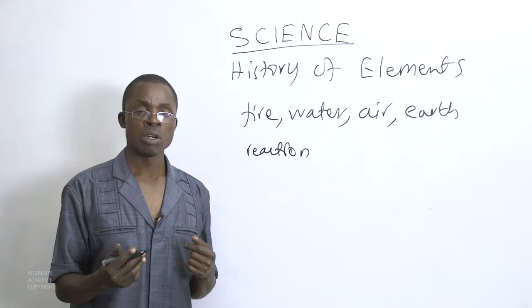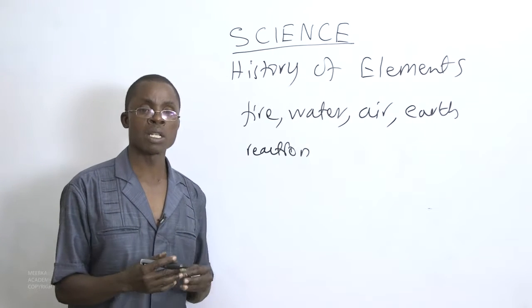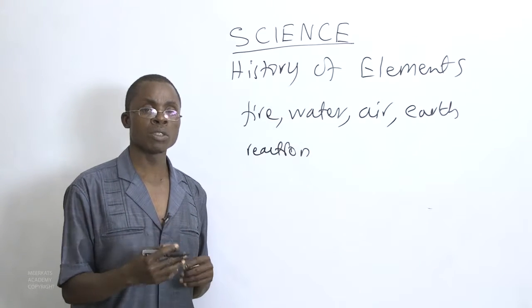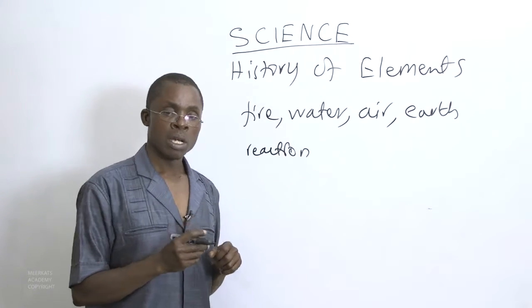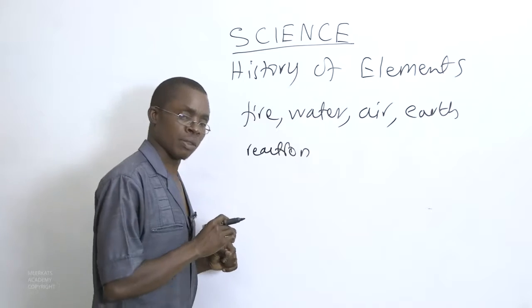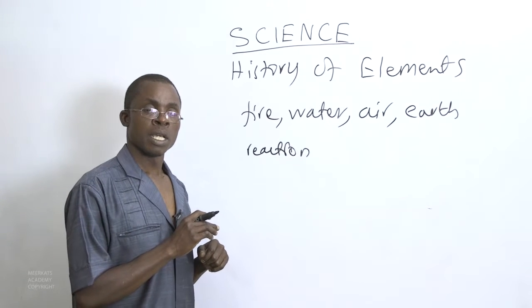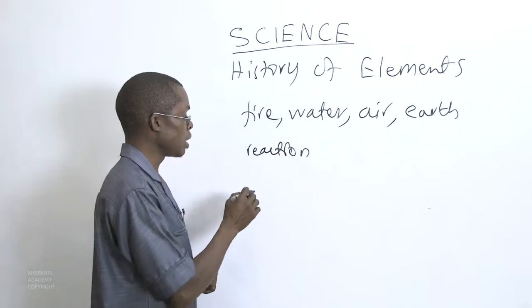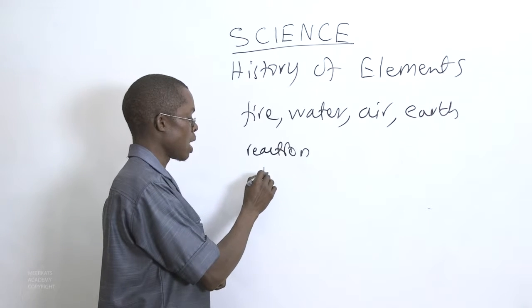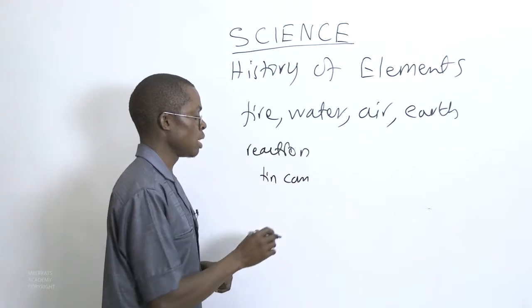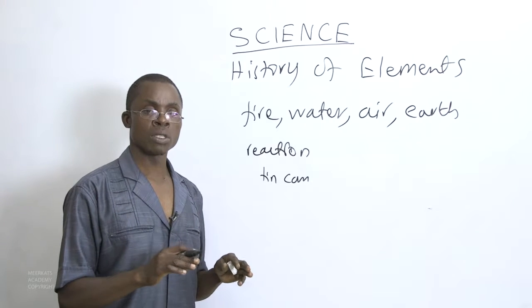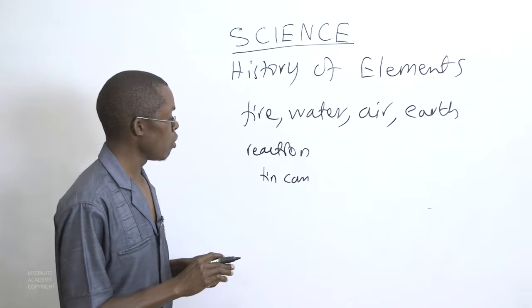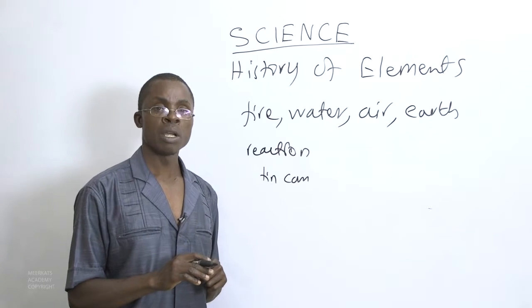So the change of substances from one form to another is not a rearrangement of just the atoms, but is an issue of reaction. How did he come up with this? He did an experiment of heating a tin can for a very long time until no further ash was being formed.